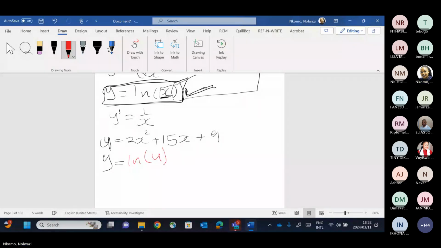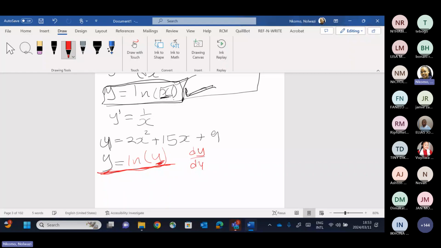If we differentiate this function, the derivative would be dy over du. The reason we have du is because this function is in terms of u.